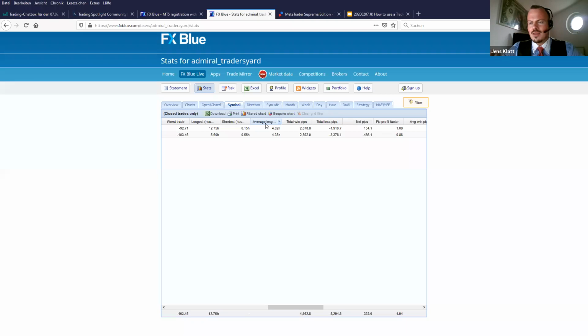You can then have a look what happens, for example, for all trades which have a duration of 1 hour. And you look at this and you see that most of these trades, if they haven't hit your take profit level within 1 hour, but were stopped out after 1 hour, you should probably think about reducing at least the position size.